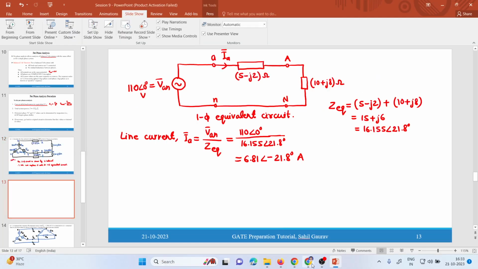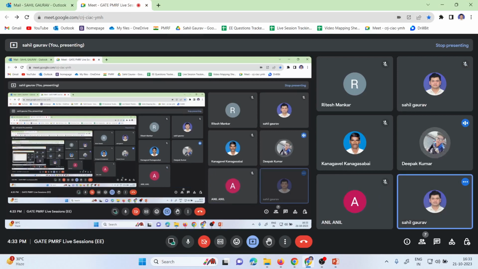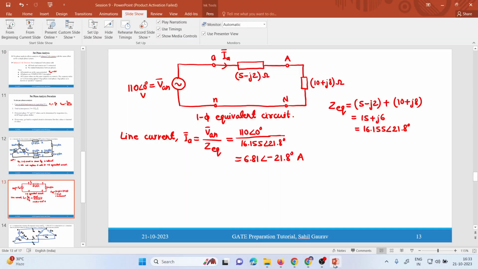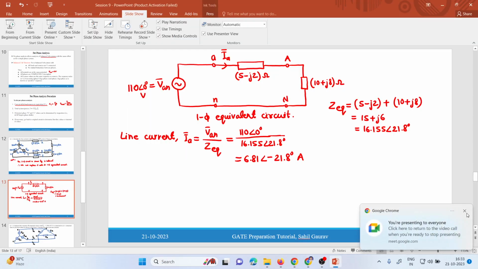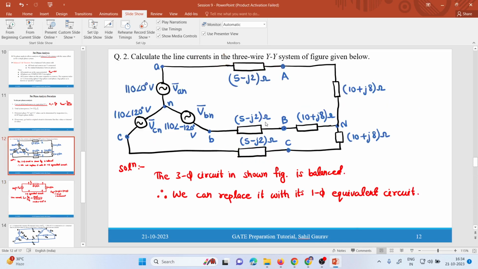Sir, but for the load impedance, I think we have to divide by 3 to convert. No, here all the impedances are given per phase. 10 plus J8 and the others are all per phase only. In the problem also, whenever nothing is specified, you have to assume the per phase impedance only.